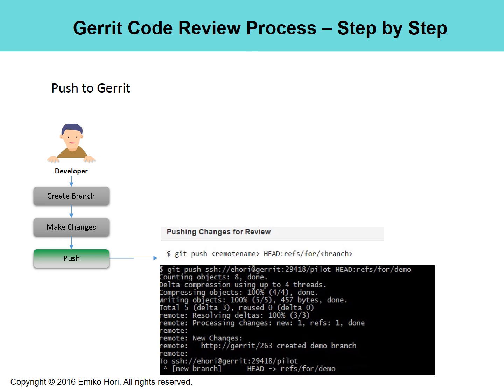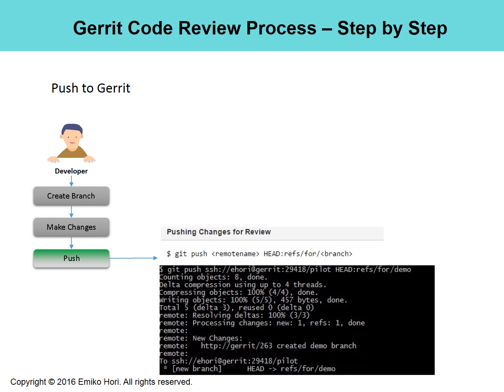Also, we have a new parameter, HEAD colon refs/for/ and the branch name. If we do not provide this parameter, the git push may happen in the local branch, but it may not push it to the Gerrit server. Therefore, this particular commit will not be in the final main repository. So please be aware of that.